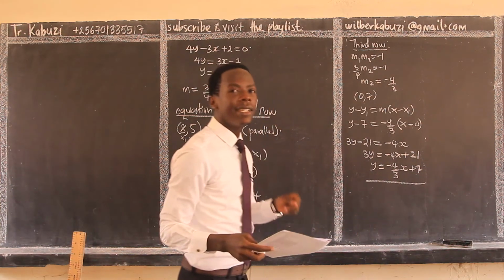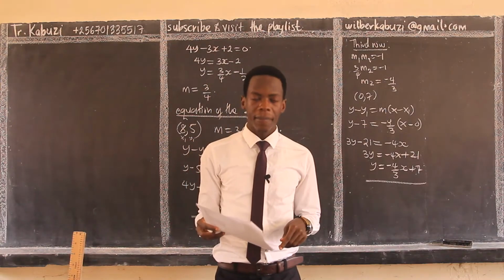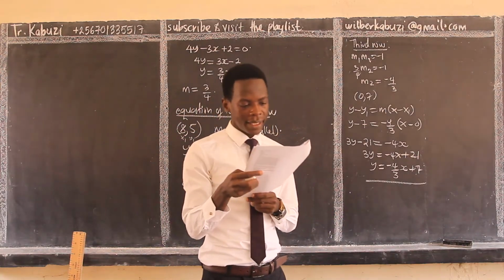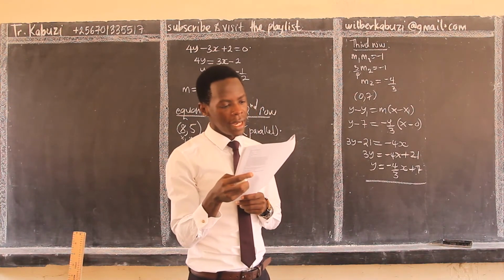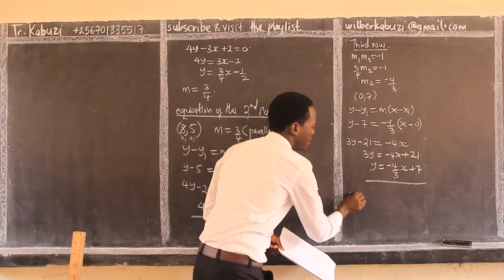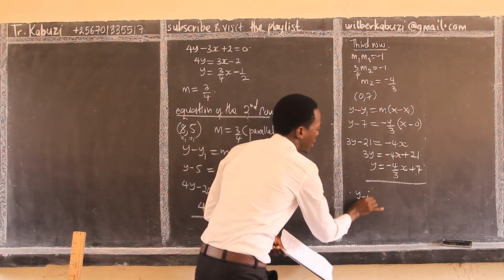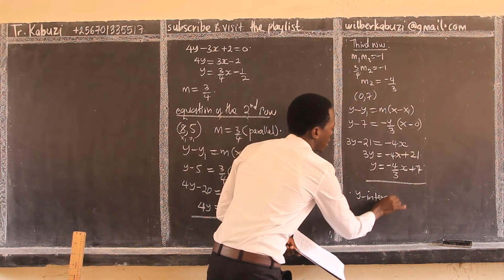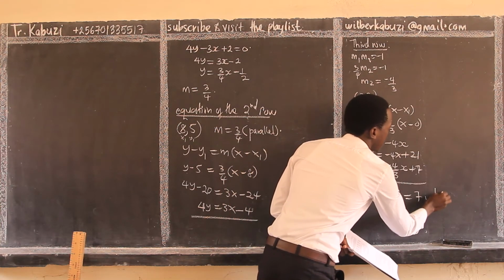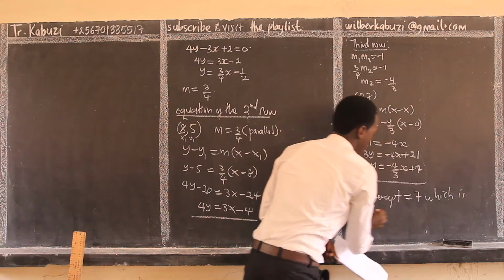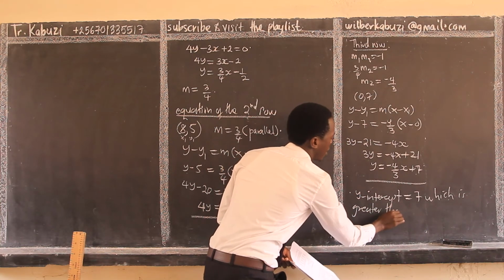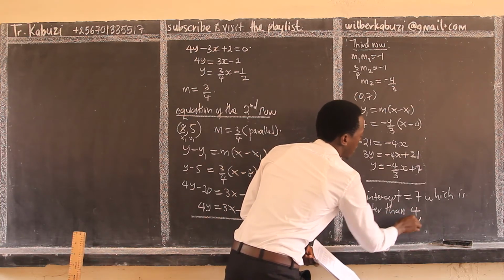But notice that he is only going to plant the third row if the y-intercept is greater than 4. Clearly here, our y-intercept equals 7, which is greater than 4.